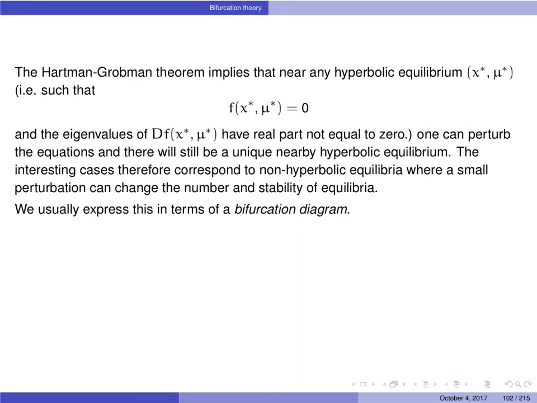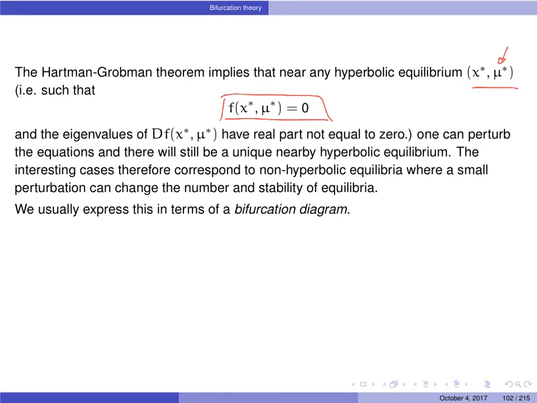We've already seen one result that allows one to infer when bifurcations do not happen. So suppose you have a hyperbolic equilibrium for some particular value mu star of your parameter. This means that if we call the equilibrium x star, we have that f of x star and mu star is equal to 0.